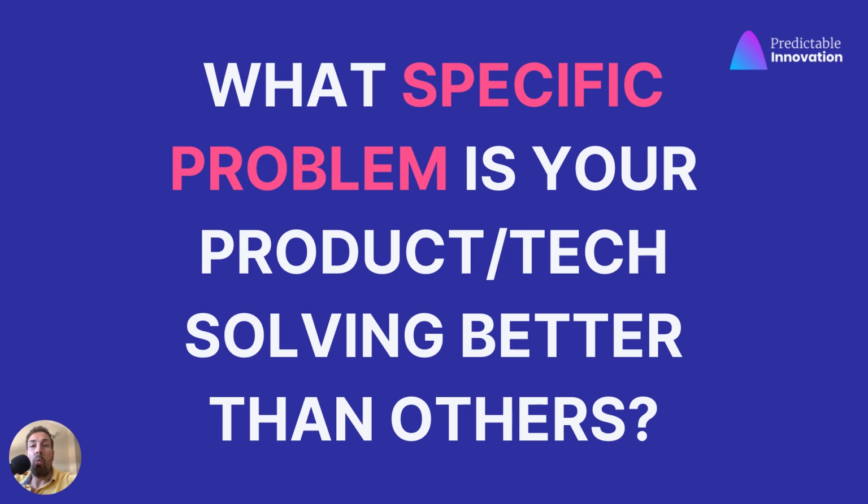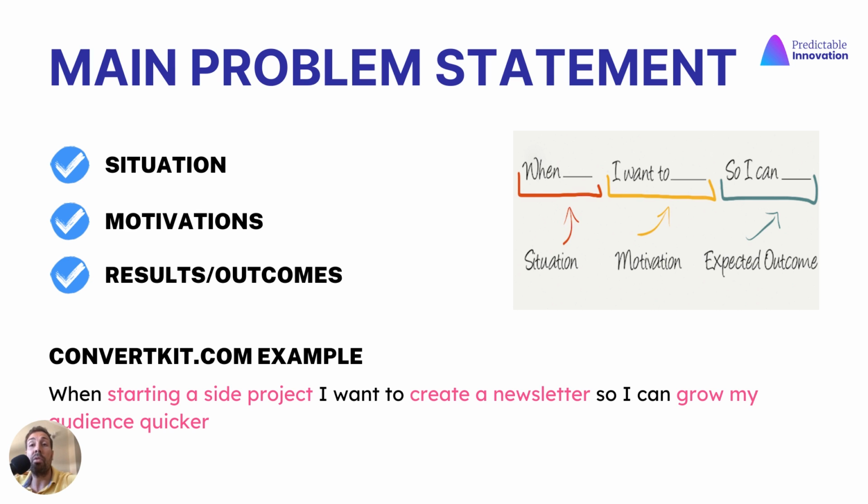Second question, what specific problem is your product technology solving better than others? And the answer for this, remember, is focus on psychographic analysis. So go research, understand the situations, the motivations, and the results outcomes that your target customer is expecting.